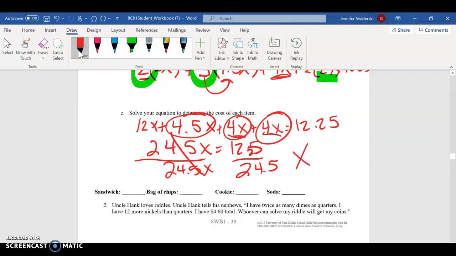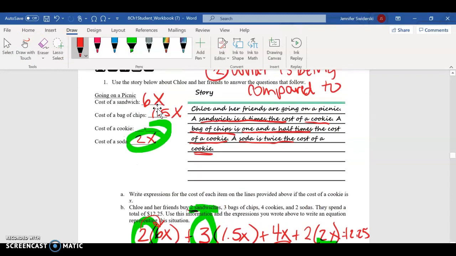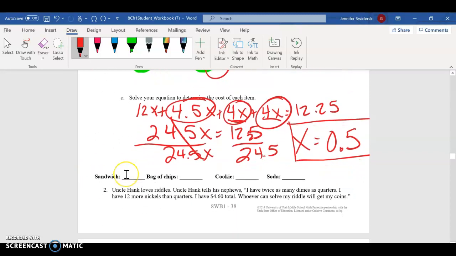We're going to get X equal to 0.5. When I'm talking money, if X is 0.5, what did X represent in the situation? Well, let's go back above. X was the cost of a cookie. So if a cost of a cookie is 0.5, that means that's just 50 cents, right? So let's just write $0.50 with the dollar sign for 50 cents.